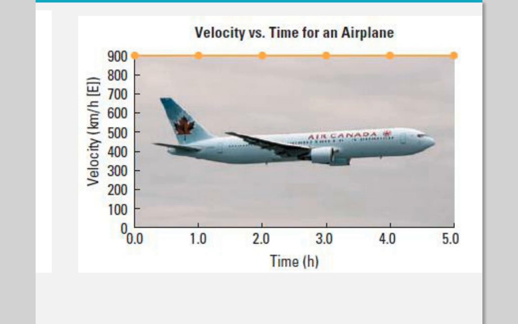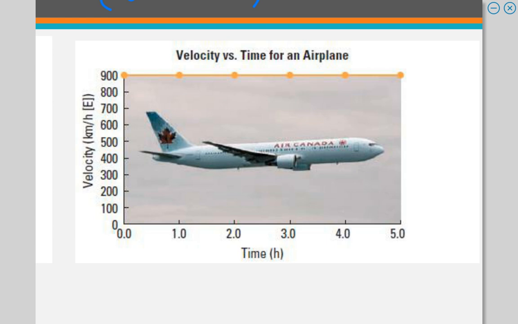So just by looking at the graph, what can you tell about the graph? Is the y variable changing? Is it? So the velocity is remaining constant. So right here you can see v is constant. The velocity is not changing.